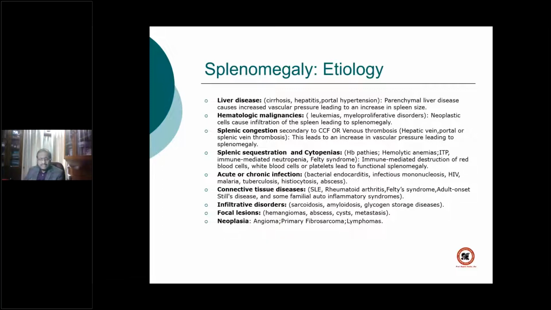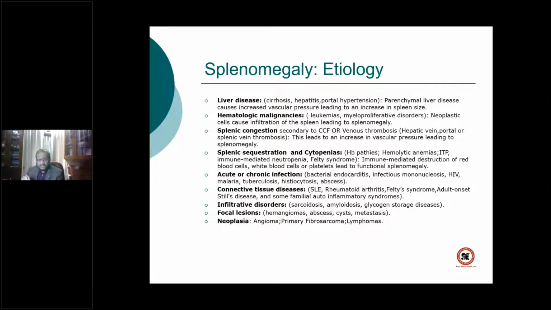Congestion is commonly seen in conditions like, for example, secondary to congestive cardiac failure or venous thrombosis of the hepatic vein, the portal or the splenic vein thrombosis, or you can have a sequestration of the various cells, like, for example, in hemoglobinopathies like thalassemias, sickle cell anemias, hemolytic anemias, you have purpuras, immune-mediated neutropenias, and so on and so forth. Basically, what's happening in these conditions is that there's immune-mediated destruction of RBCs, leading to white blood cells or platelets being shed off or being filtered back into the spleen, leading to a functional splenomegaly.